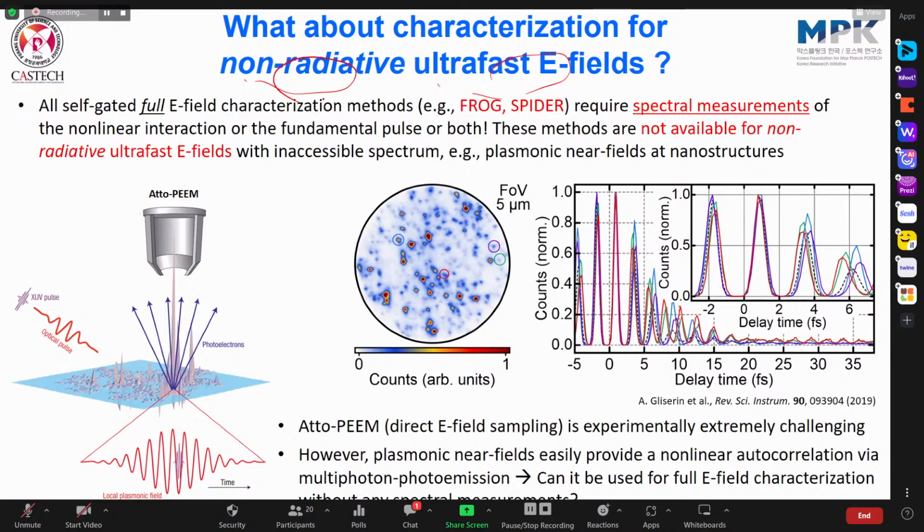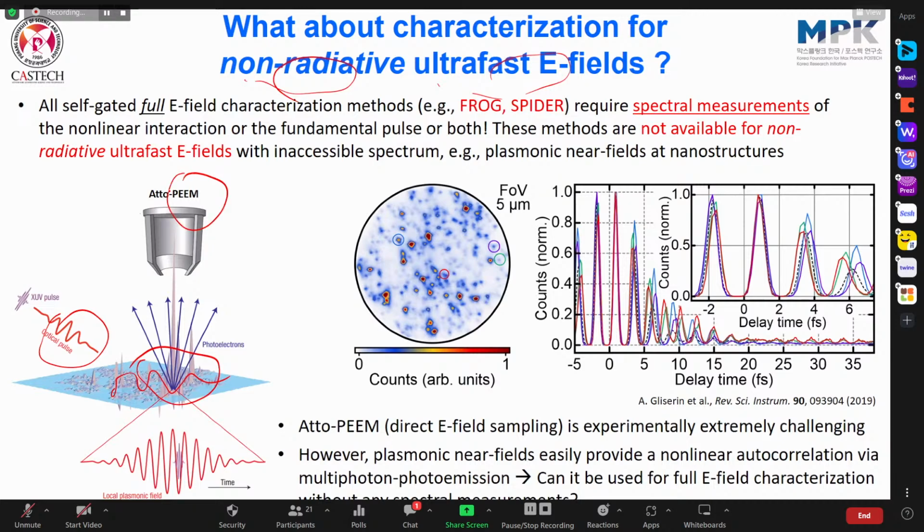One good example of an ultrafast electric field which does not radiate is the plasmonic field. You have a nanostructure, you shoot the optical pulse, and then you develop the electric field in the near field, right? And then it does not radiate. So typically people use PEEM, photoemission electron microscopy, where you're collecting the electrons.